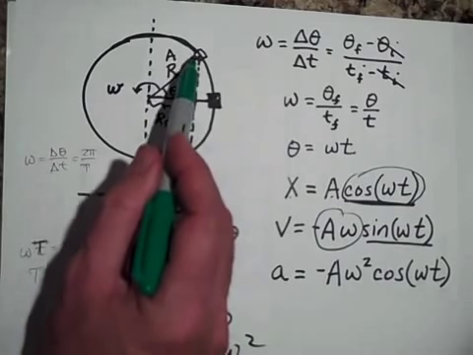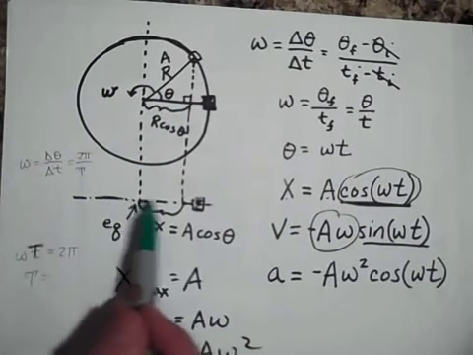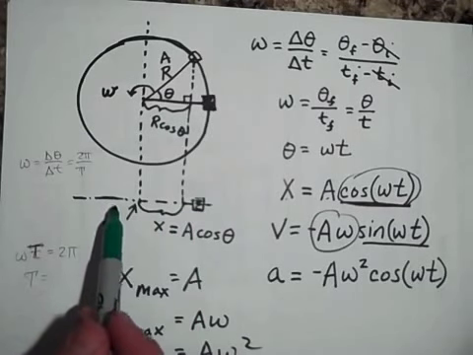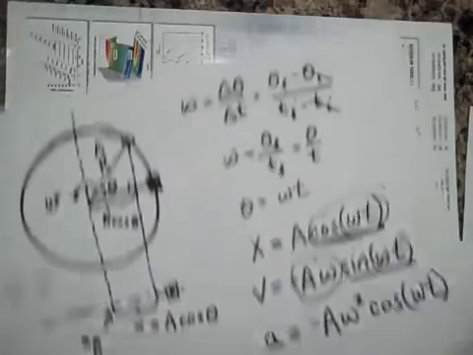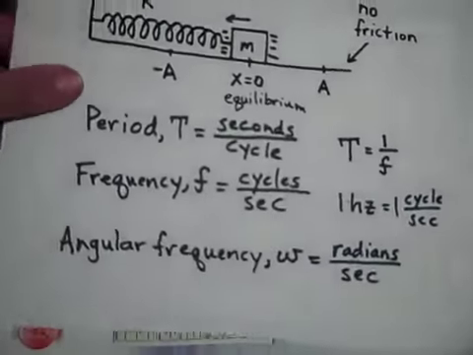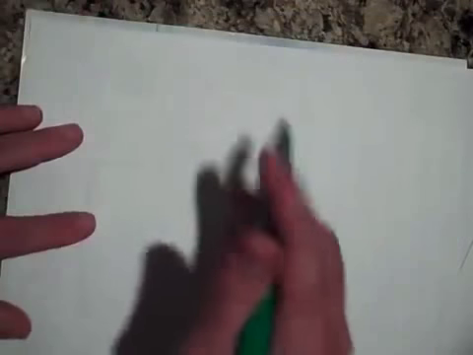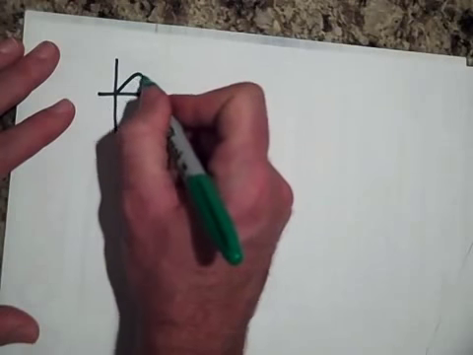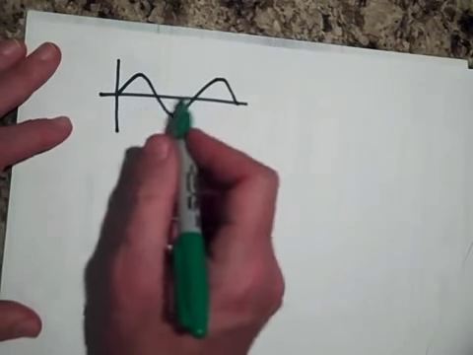Now it might bother you that this one's not going in a circle, and we're still saying it has some radians, but 2 pi radians is 1 cycle. That's all we're going to say. So 2 pi radians is 1 cycle. So just as a sine graph, here's a sine wave. It has a cyclical nature to it.